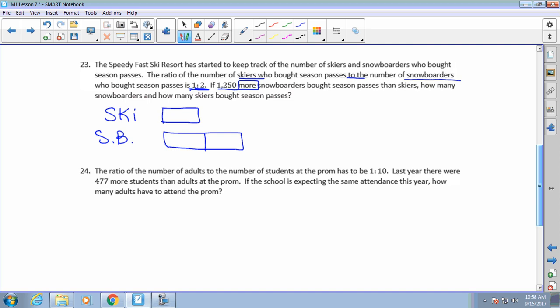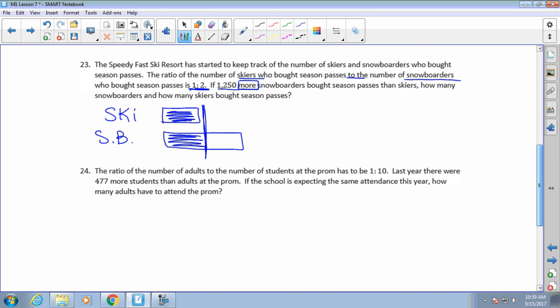And it says if 1,250 more snowboarders bought season passes, we then use that to figure out how many snowboarders and how many skiers there were. So this amount of skiers and this amount of snowboarders is the exact same amount. So when the question says more, what you need to do then is look at anything that is above and beyond, anything that is over that amount that has an equal match for the other category.